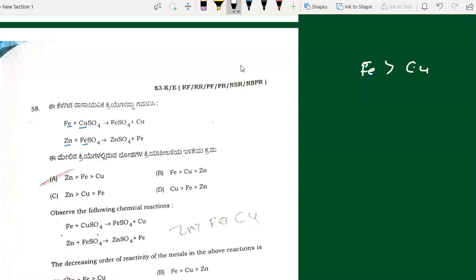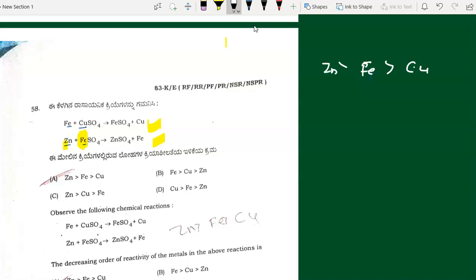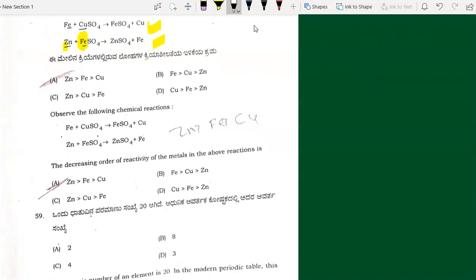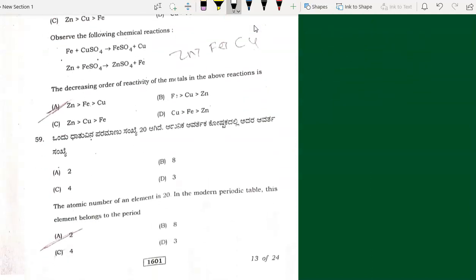And iron is displaced by zinc, that means zinc is more reactive than iron. They are asking to write in decreasing order. Yes, simply zinc, iron and copper.